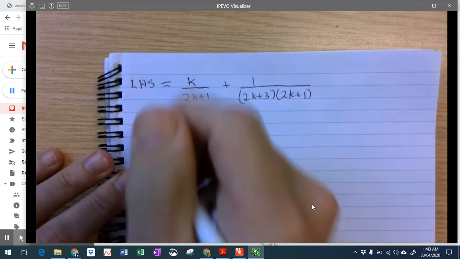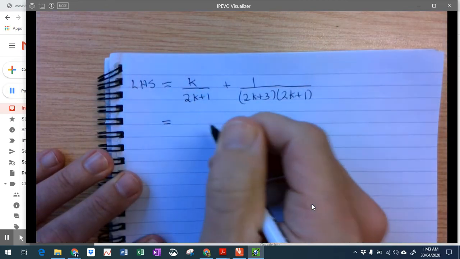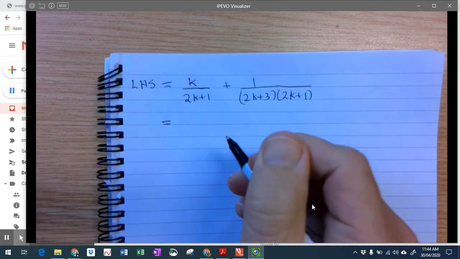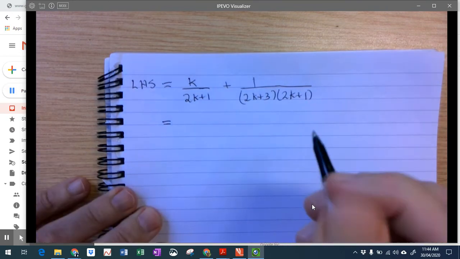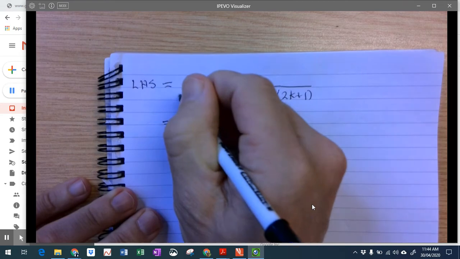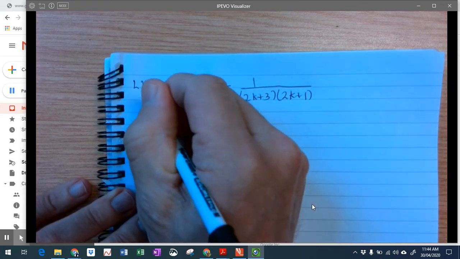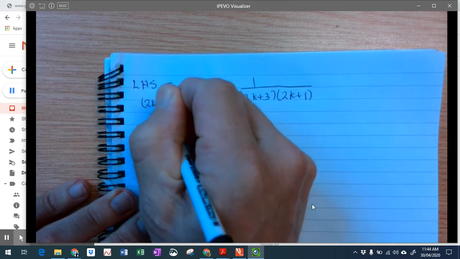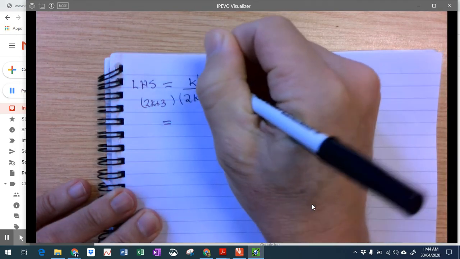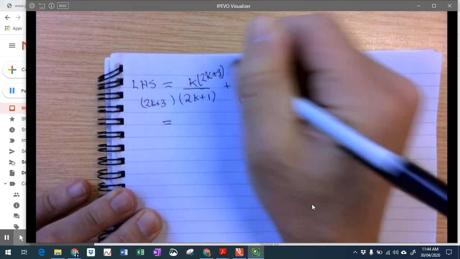All right, so now we've got to create the common denominator again. So over here, I'm just going to put 2k plus 3 and then obviously 2k plus 3 there as well.